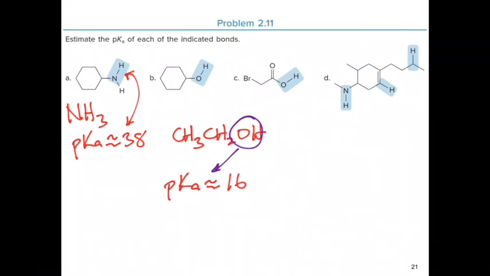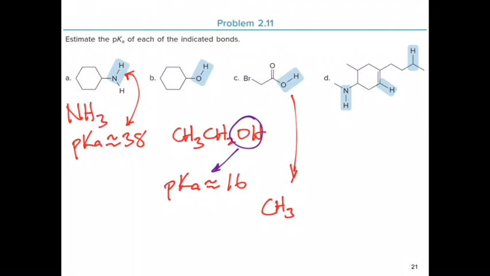And the third one here, we have an oxygen, a carbon, and then this carbon is bonded to an oxygen and a hydrogen. So in that case, we have a carboxylic acid type of compound. And so you would look at the table again and find one that has a similar structure.